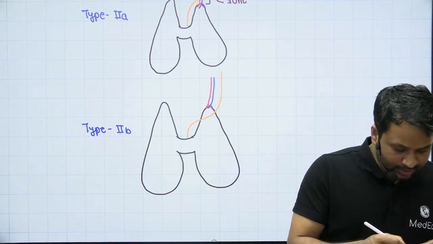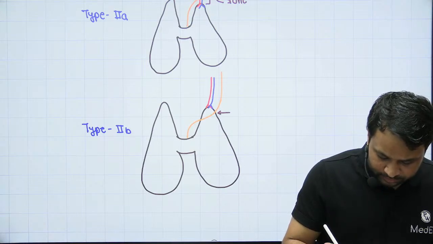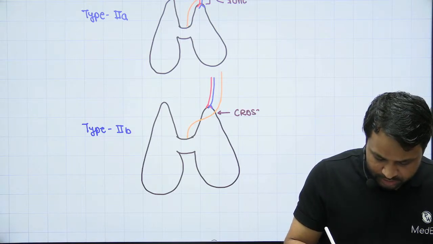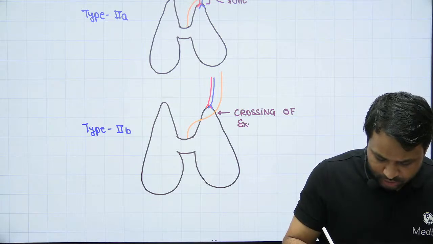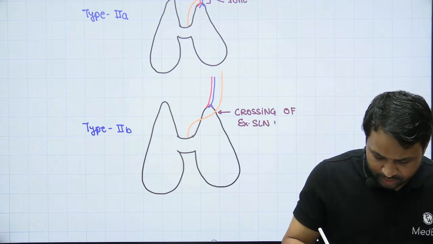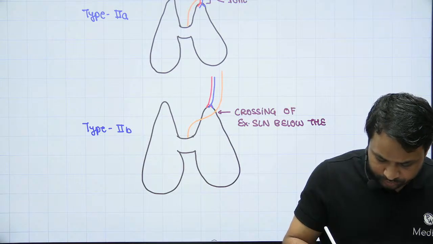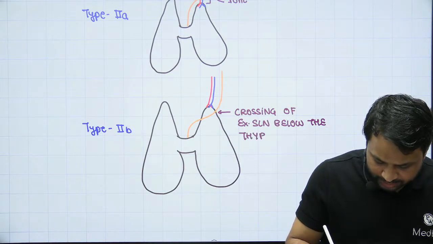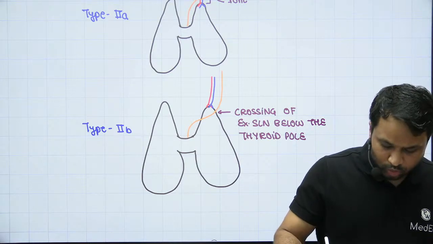If the crossing of the external branch of the superior laryngeal nerve is below the thyroid pole, it is going to be your 2B variety.